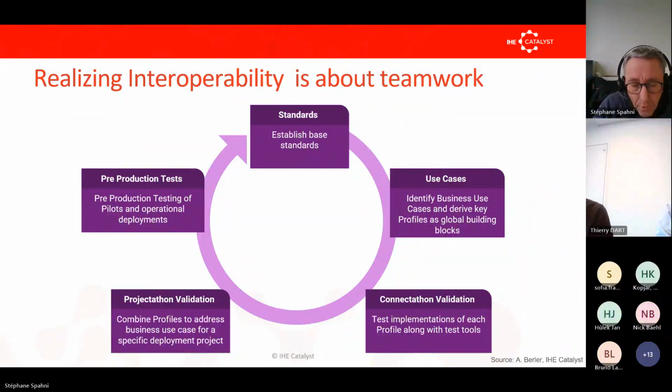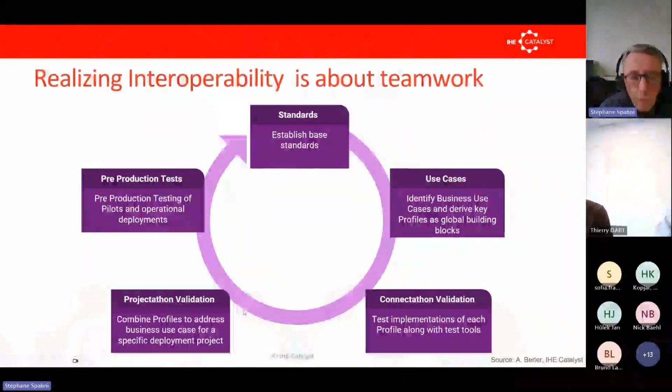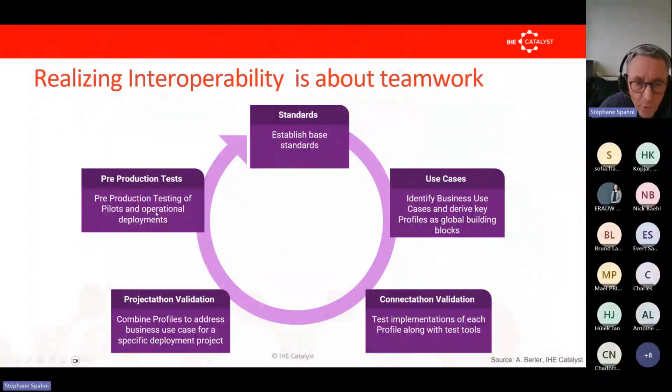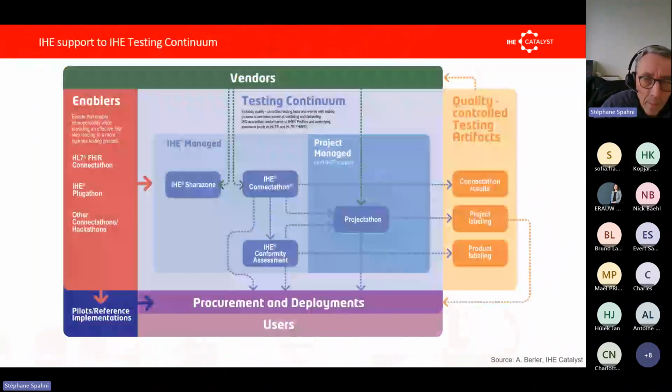And then you need to validate your implementation. So there you will have connectathons, you will have projectathon, and you have pre-production tests. So we'll focus on the 2 low boxes, which are part of what we call the IHE testing continuum.